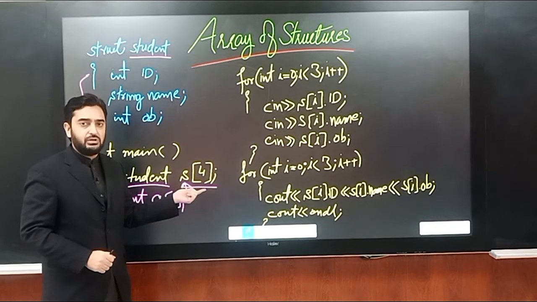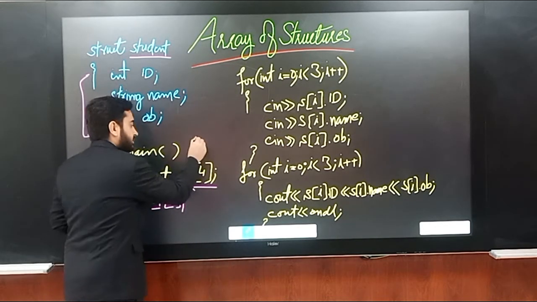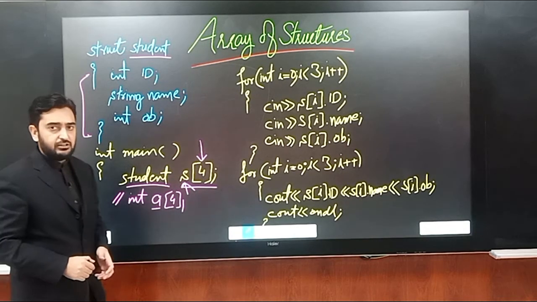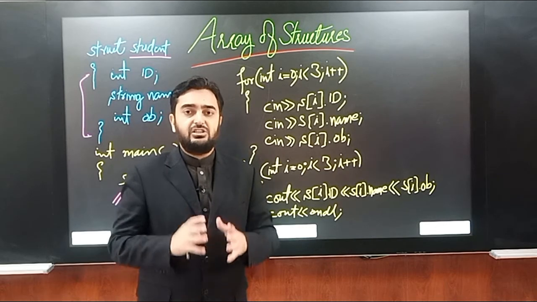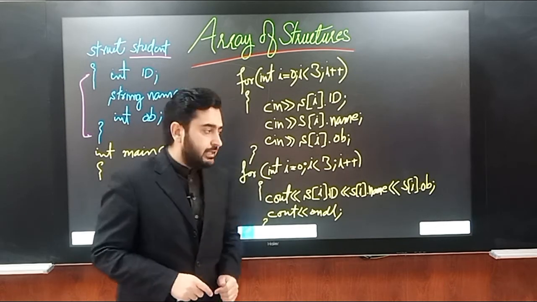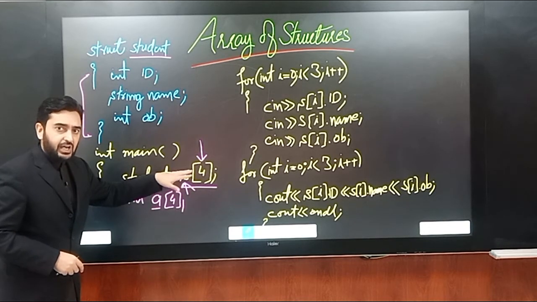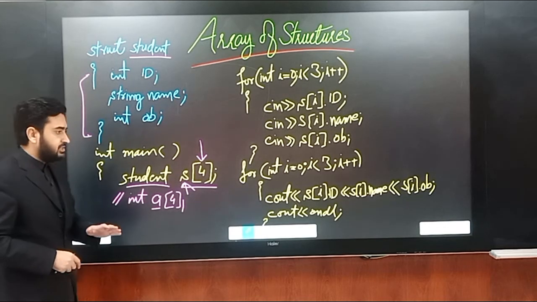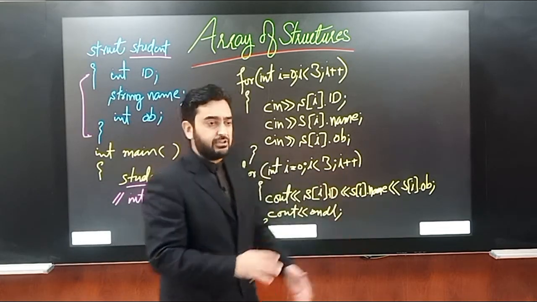The square brackets represent the syntax of the array, and in between the square brackets you can see the integer value which shows the size of the array. So we have declared an array of size 4. It means that we have 4 copies of the student structure.